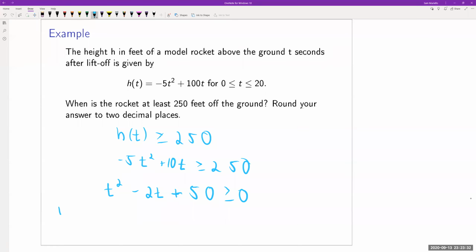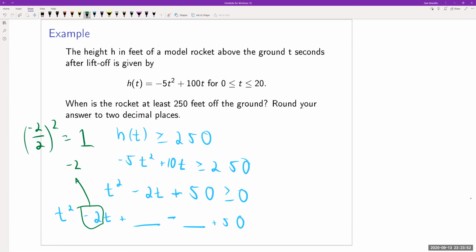So with that, I will have t squared minus 2t plus, I'll need to figure out what to add. In this case, my b is negative 2. Negative 2 over 2 squared is equal to 1. So I will add and subtract 1 here.